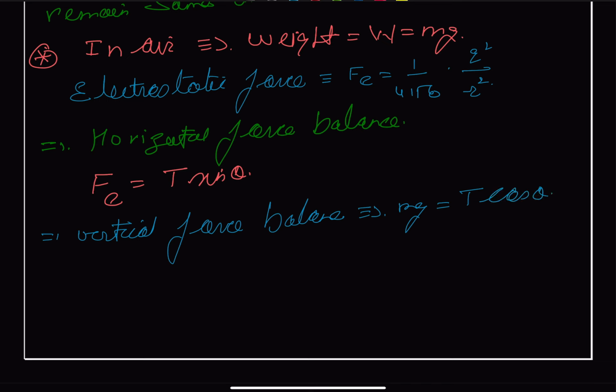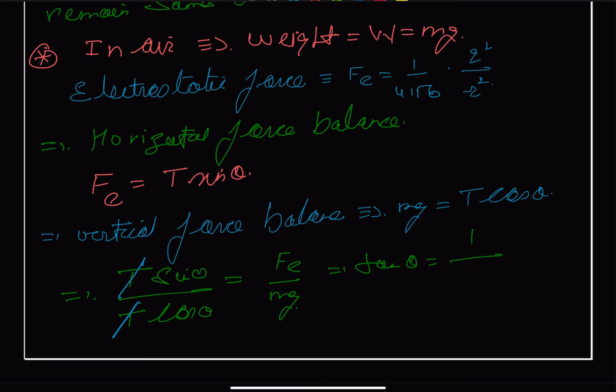So we can simply divide them, which gives us T sine of theta divided by T cos of theta is equal to Fe upon mg. Here T and T go away, so tangent of theta will be equal to Fe upon mg.